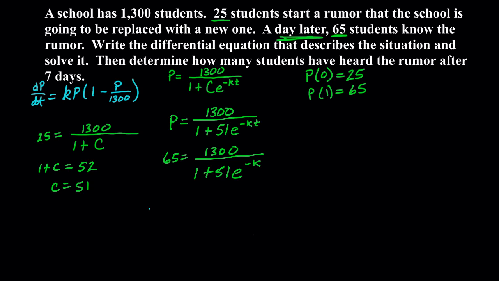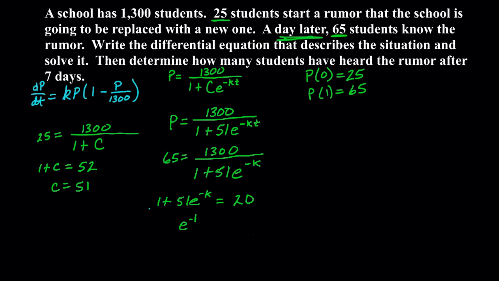We'll do the same maneuver we did over on the other problem. So we're going to multiply the denominator over to the left, divide by 65, giving us 1 plus 51 e to the negative k is equal to 20.